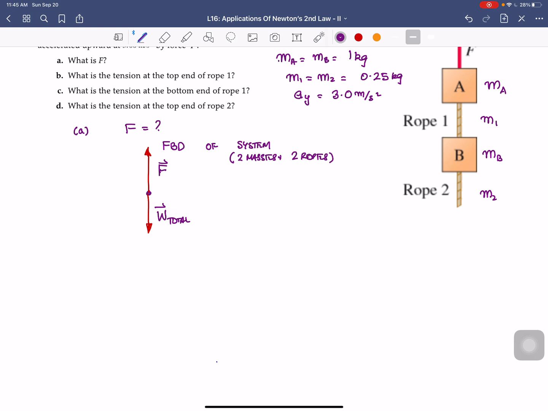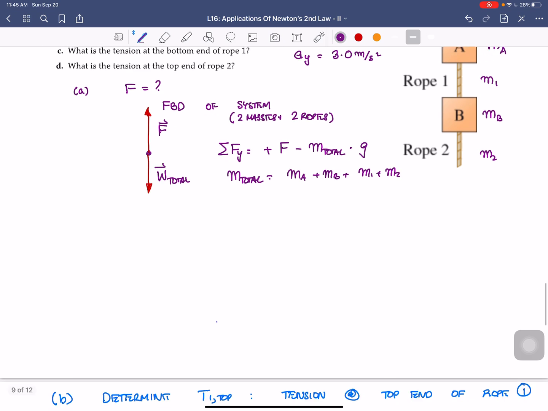The net force in the y direction, of course, is going to be plus F minus the total mass times g, where by total mass I mean M sub A plus M sub B plus M1 plus M2. And again, I know the masses are the same here, but if the masses were different, you could still apply this strategy.